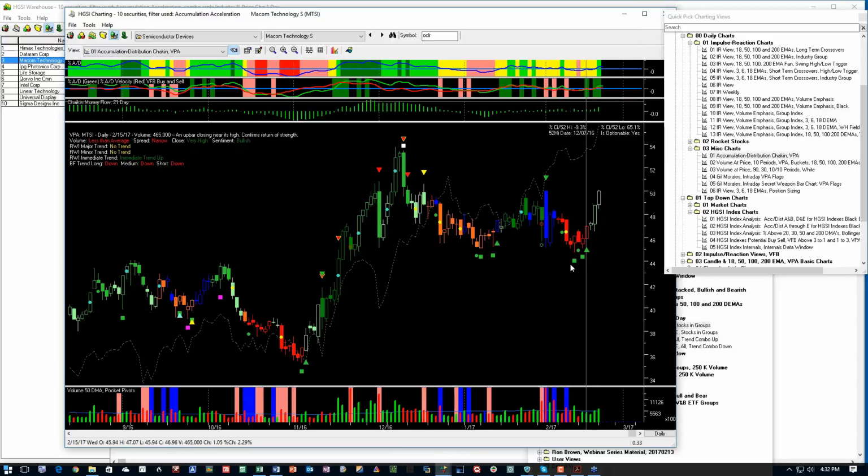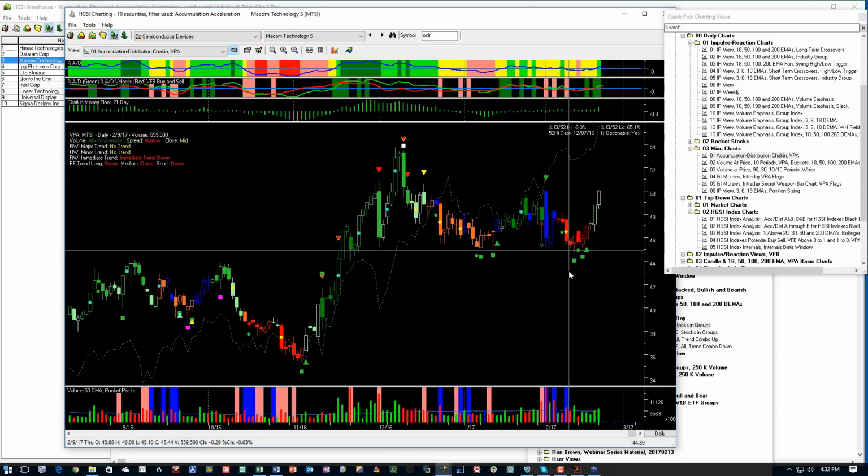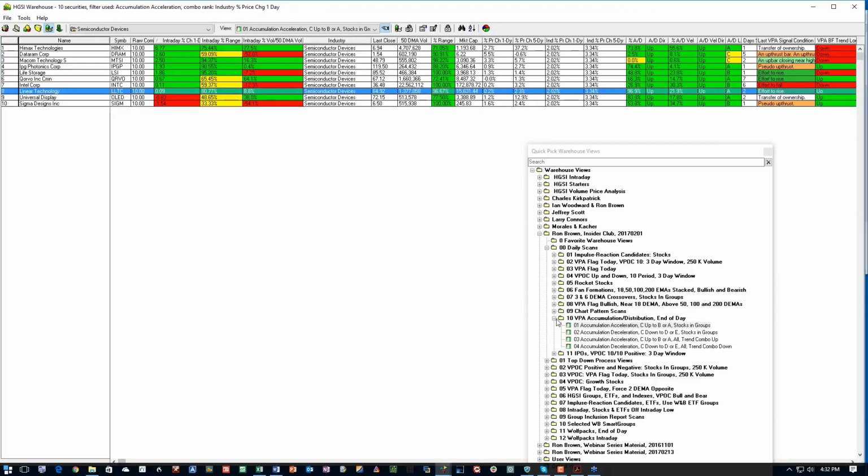Once again, a lot of great VPA flags indicating early accumulation in here, found support going back over to this area, and the group was moving up, of course, because it's a semiconductor group. Just a great group during this market run.